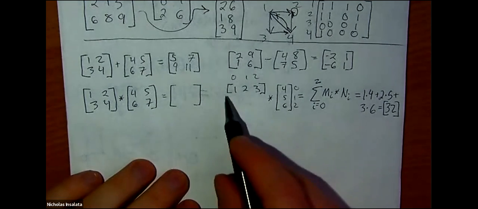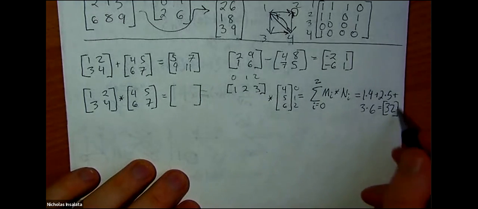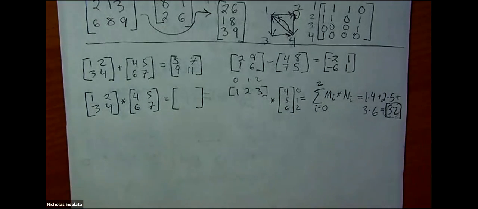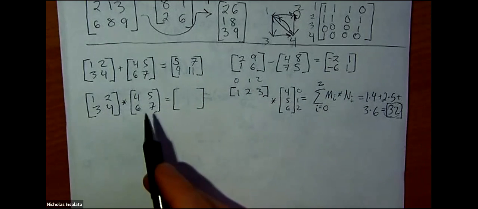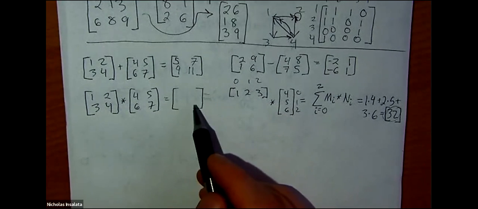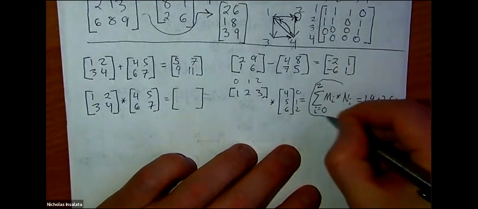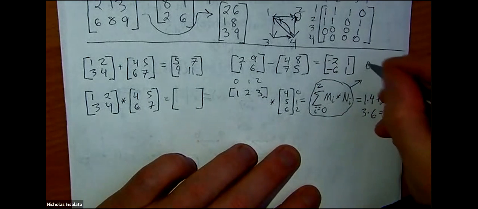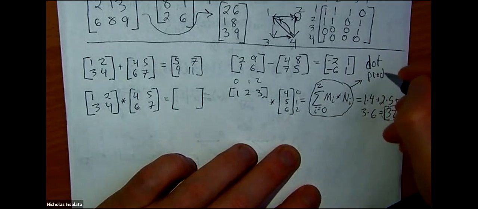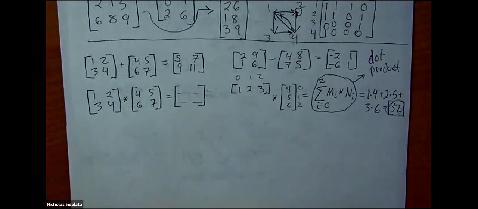So if I say 1, 2, 3 times 4, 5, 6, a row times a column, that's just going to be a single number inside the matrix. Now with the 2 by 2 matrices, each entry in here is going to be its own separate dot product. This is a single dot product, and every one of these 4 entries is going to be its own separate dot product.